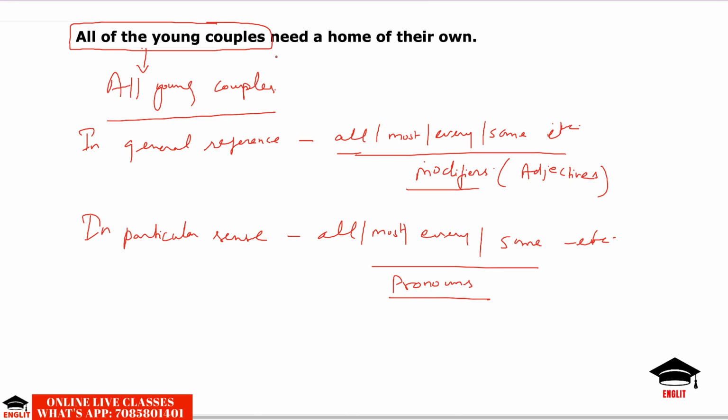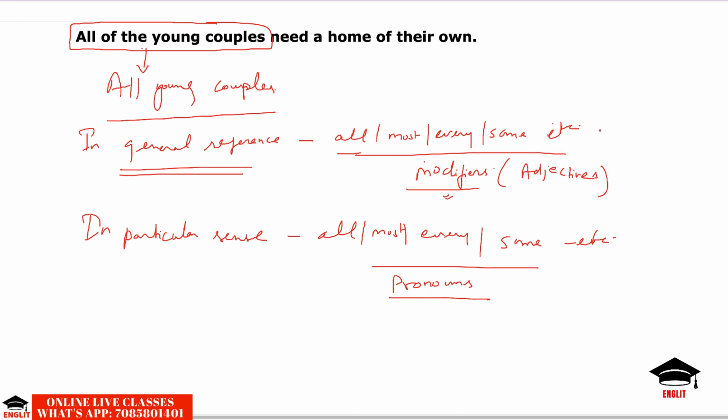Means we are talking about general couples. Generally, young couples need a home of their own. We are not talking about some special couples or some different or exclusive couples. We are talking about all young couples. So these young couples are talked about in general reference. So all, most, every, some, these are used as modifiers.